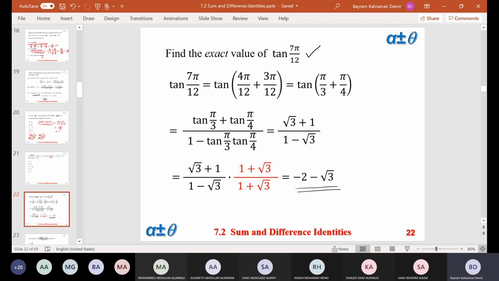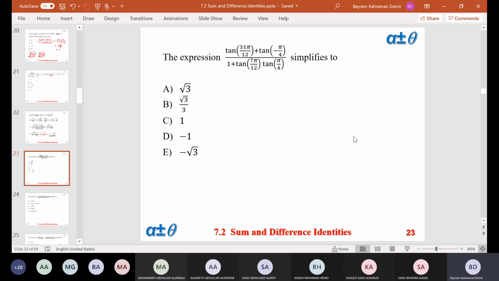Okay, so let's solve one more example today, and maybe that is enough for today. What we need to do here, Shabab, we have tangent of 31 pi over 12. Well, 31 pi over 12 is too much, right?